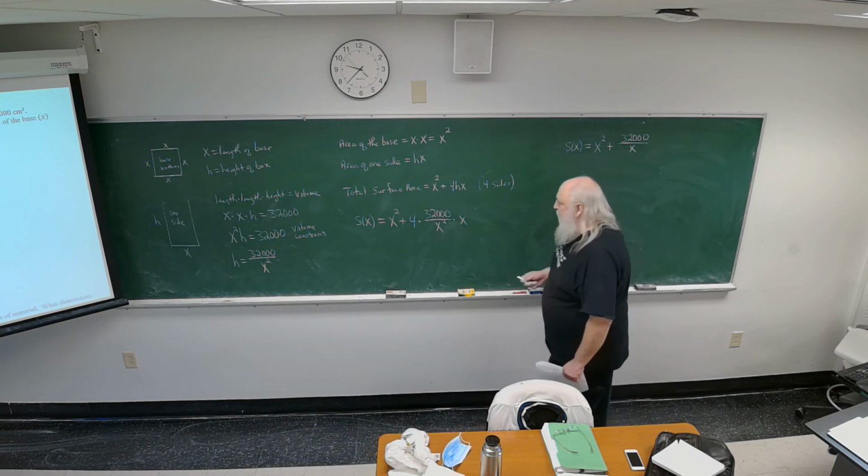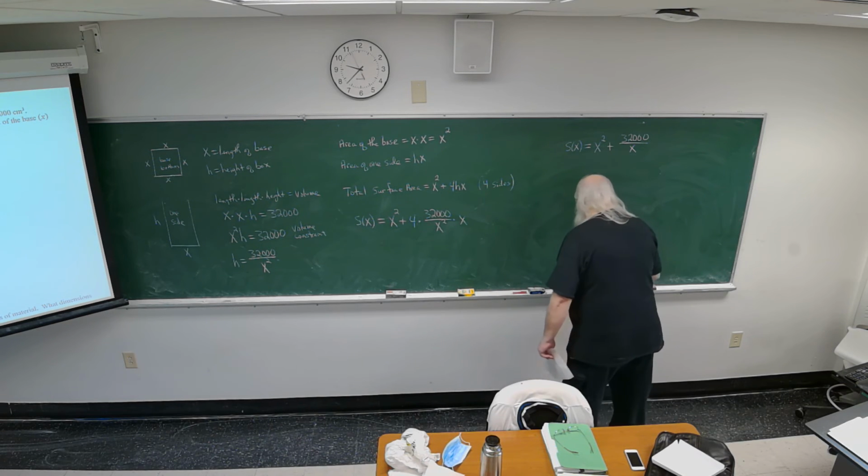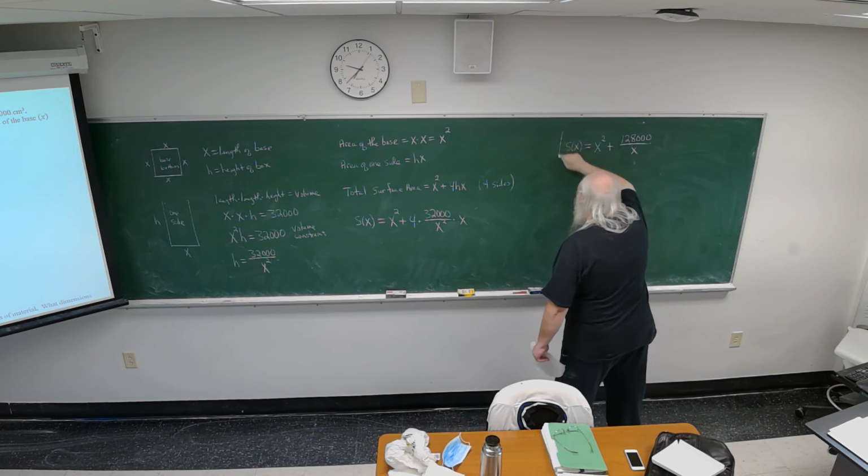Oops, I forgot something. 4 times 32,000 is 128,000. So we have 128,000 over x.